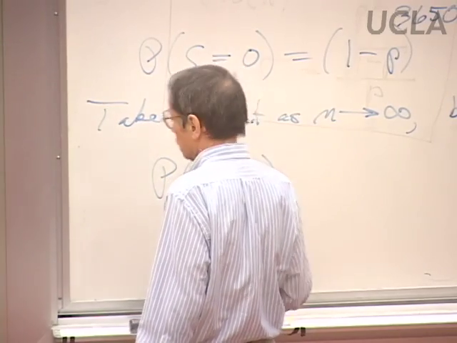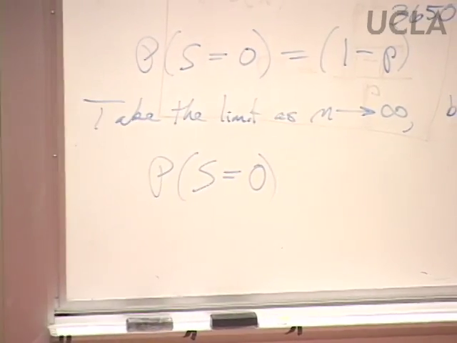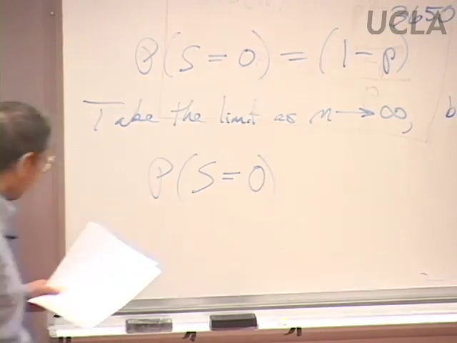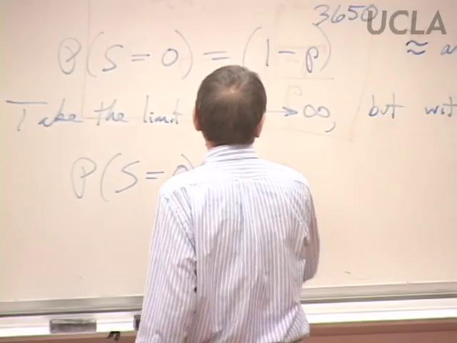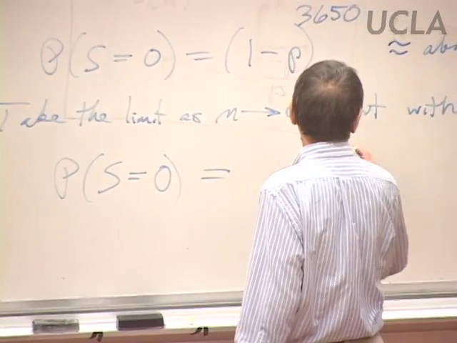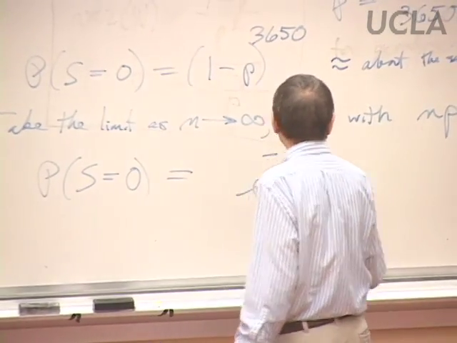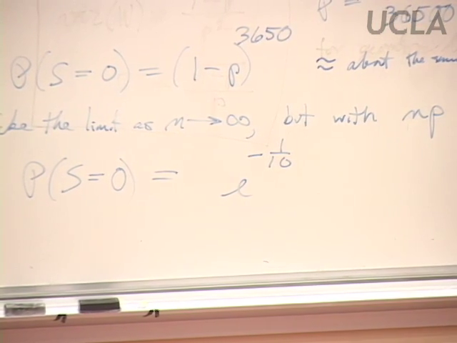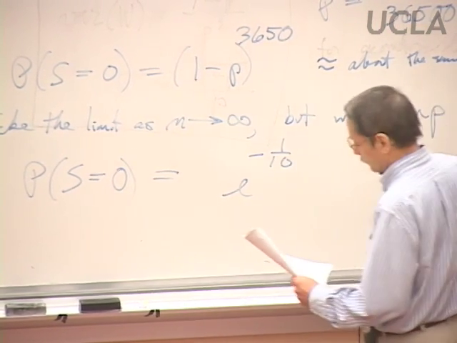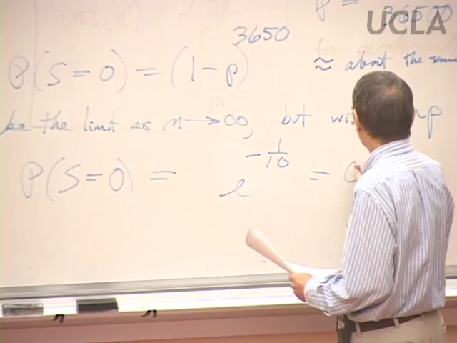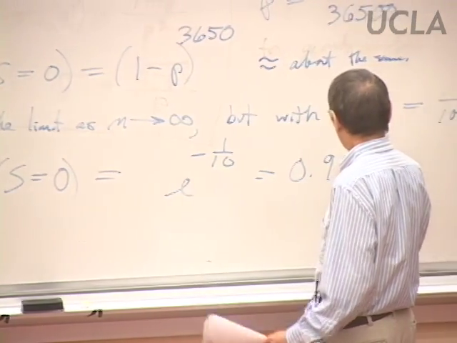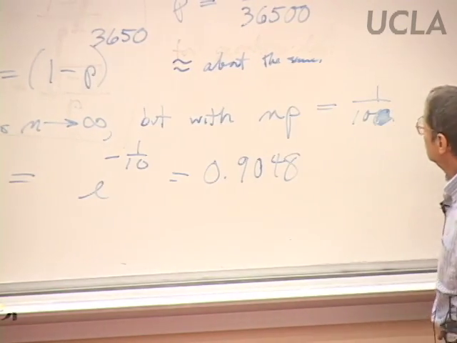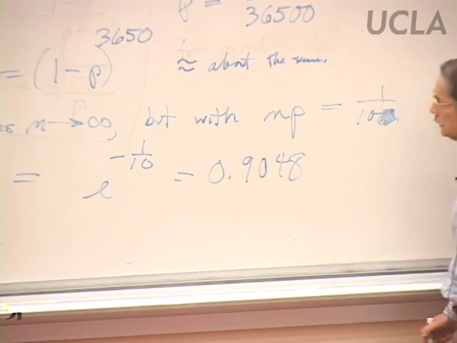So we'll do that. And we'll find that the probability of no earthquakes at all is e to the minus 1 over 10, the n times p here. That's the probability of no earthquake in this period.